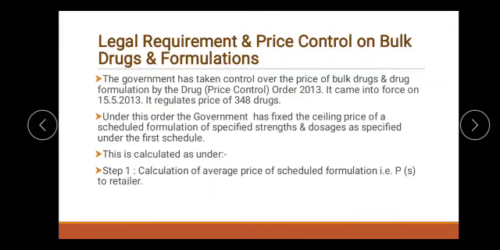Step 1. Calculation of average price of scheduled formulation, that is PS, to retailer.